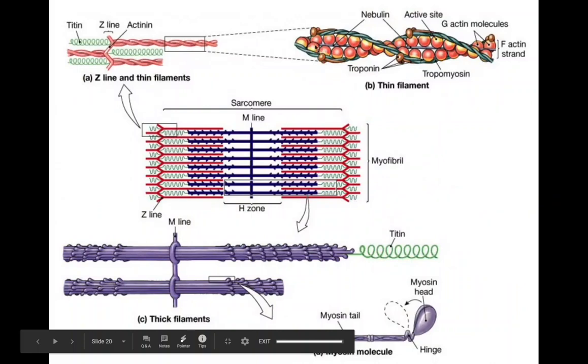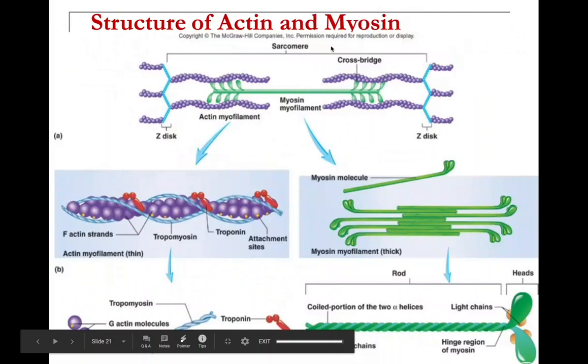This shows the structural proteins helping to hold things together. And here you can see this myosin grabbing onto the actin. That's what we refer to as forming the cross bridge.